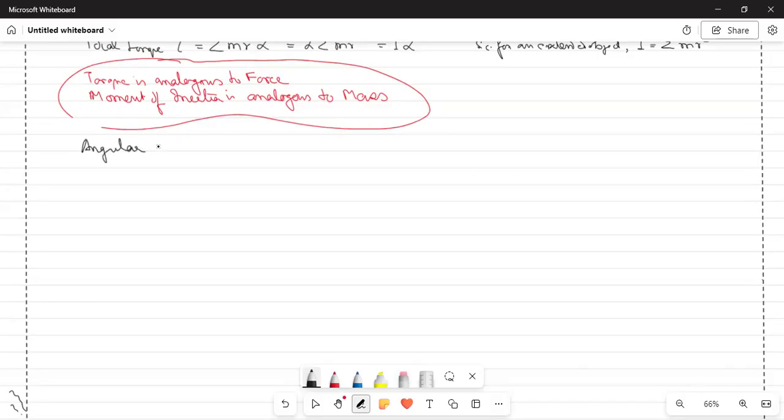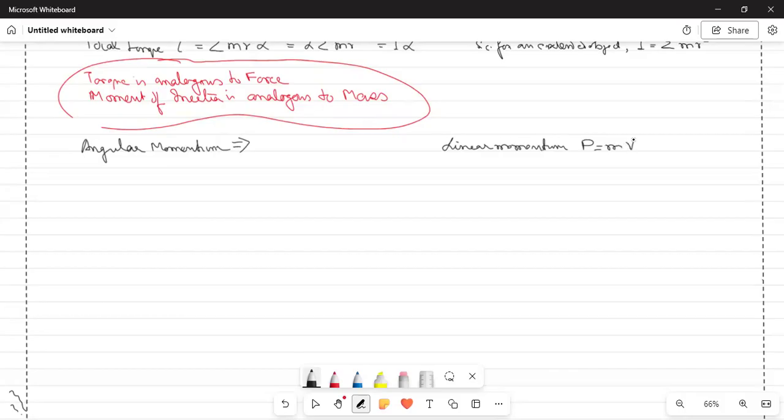Angular momentum. While we are on the subject of angular momentum, please recollect your lessons of linear momentum. Linear momentum p was measured as mv.